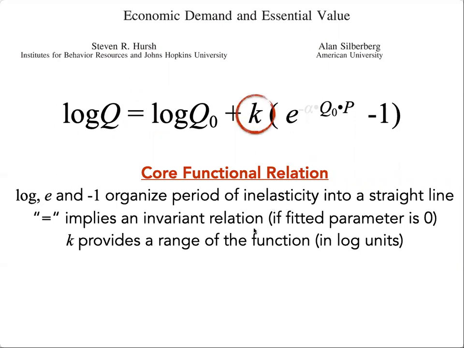K is something that is very annoying to a lot of demand researchers. You've probably come across issues of this when you've tried to fit your own curves. We're going to talk about that in a little bit, but it is simply the range of the function. So it will specify from Q0 down to where it meets its asymptote. And so that K value sets that span of the curve.